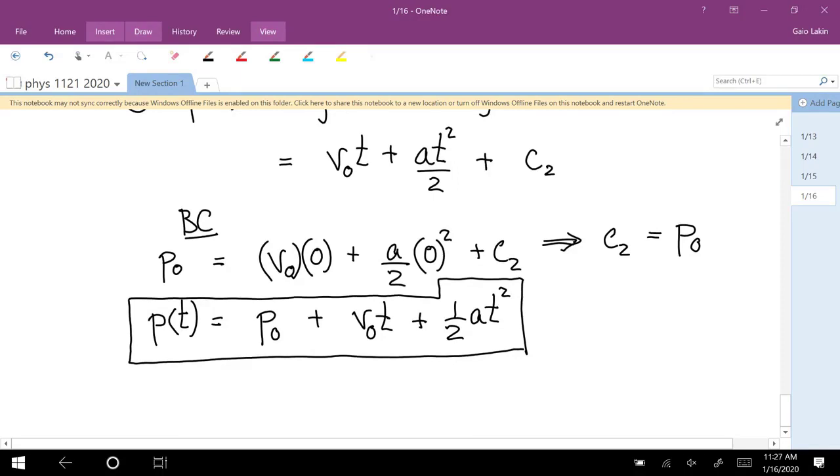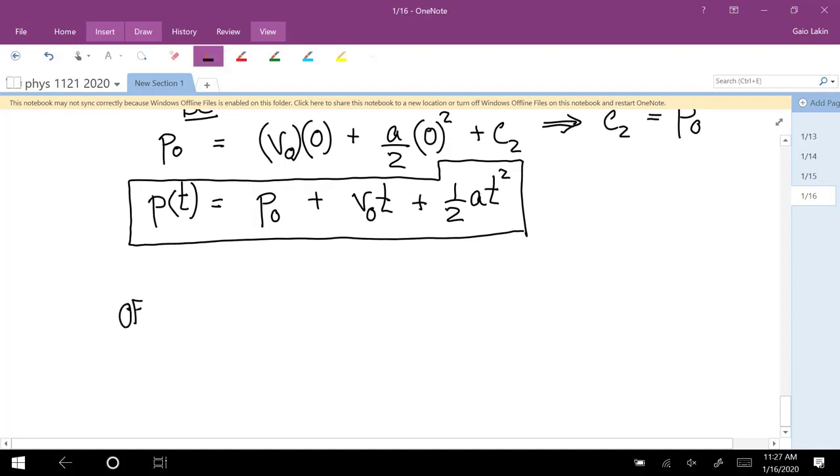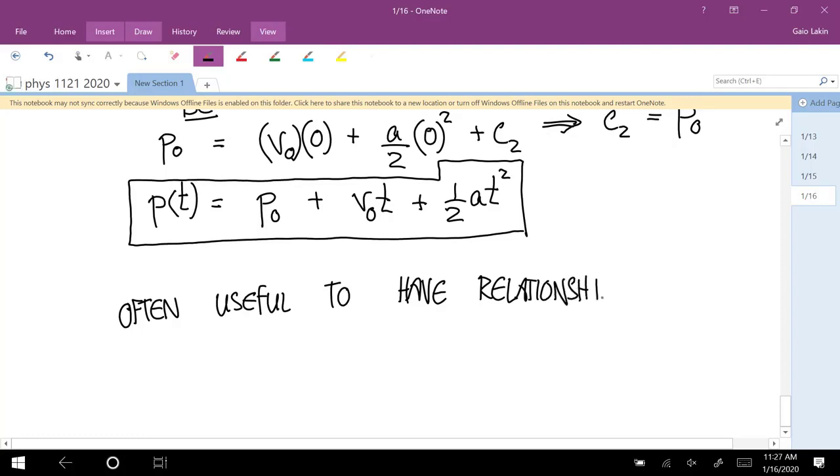There's a third equation. You could derive all sorts of equations, but it's often useful to have a relationship between a, v, and p that doesn't depend on t.